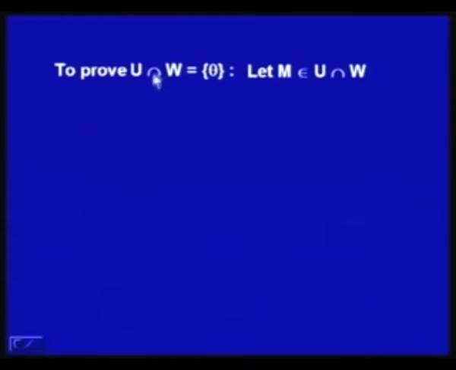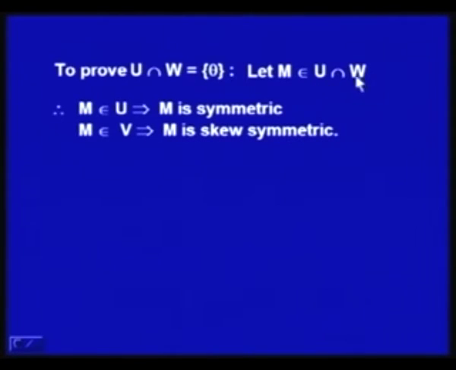So, to prove that U intersection W, where U is the set of symmetric matrices and W is the set of skew symmetric matrices, is nothing but the null matrix, let us say M belongs to U intersection W. Then M has to be a symmetric matrix, and because it belongs to this intersection, M also belongs to the skew symmetric matrices.